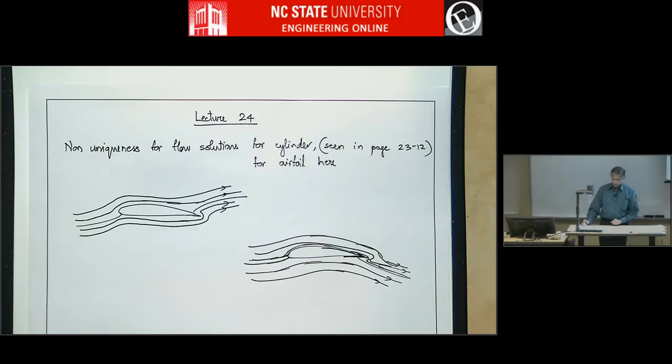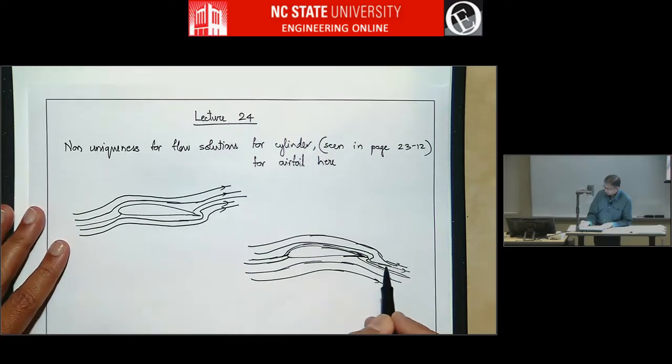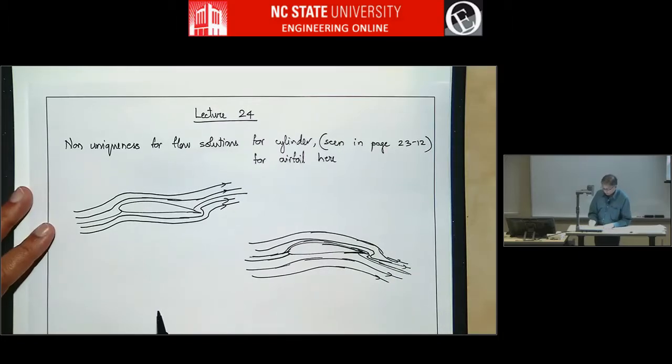So here the flow is going around the trailing edge in this manner, and here it's going in this manner. Or you could have a flow like this.